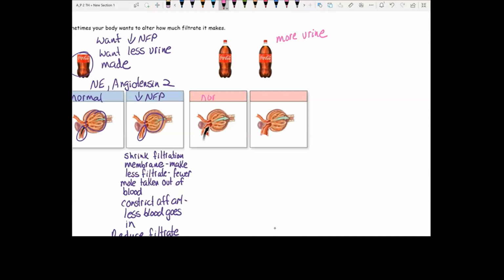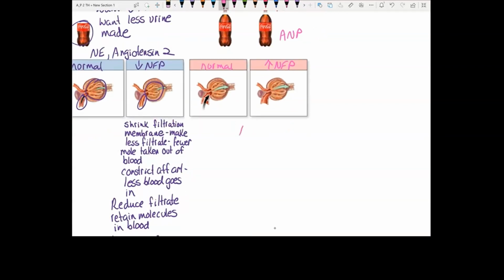Okay, here is our normal. Here is our one under the influence of ANP. ANP is going to increase your net filtration pressure. So when you have ANP, remember ANP is secreted by the heart when it is overstretched.